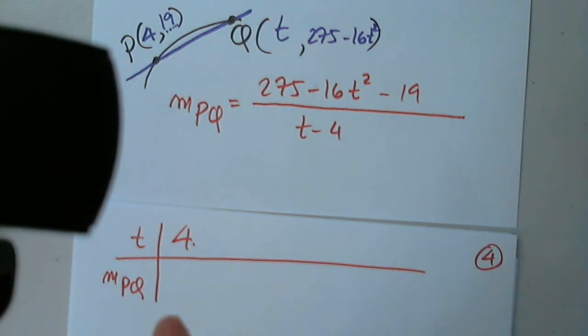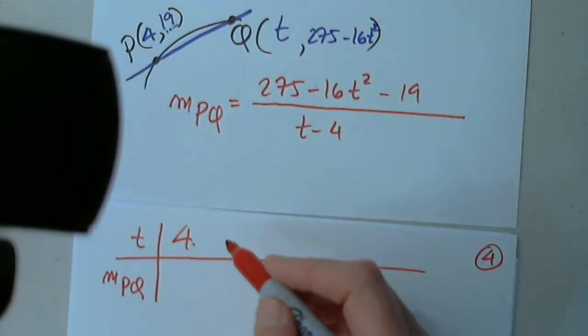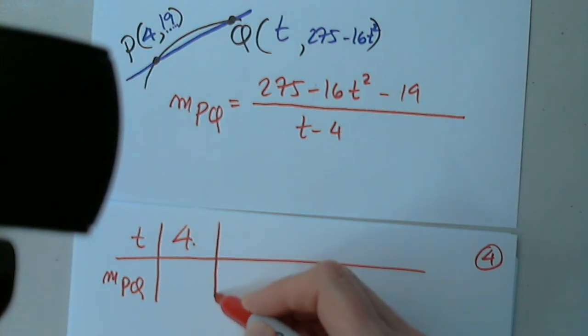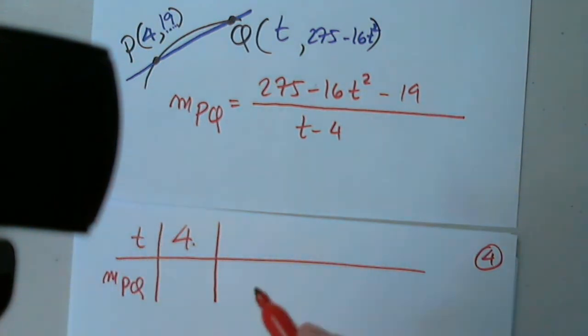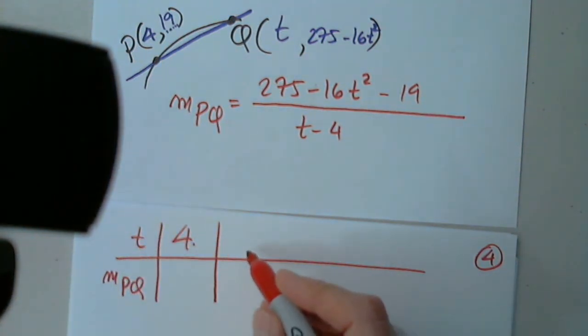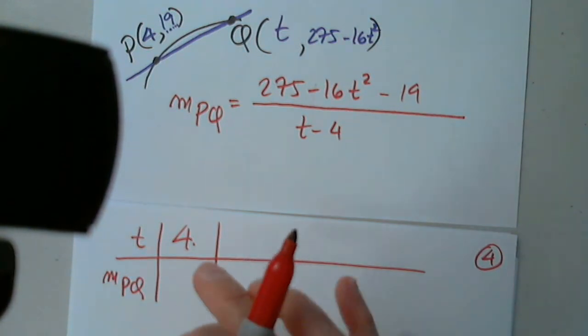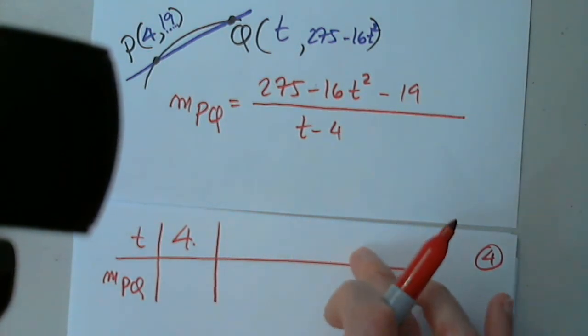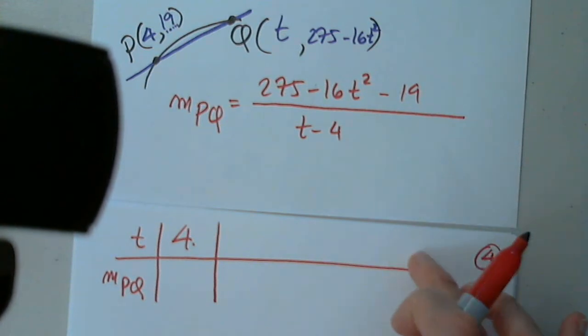Since we have to put them in correct order, I'll start here with 4. Leave it alone. What will be the next one in line? Closer, and then further away, higher, higher.